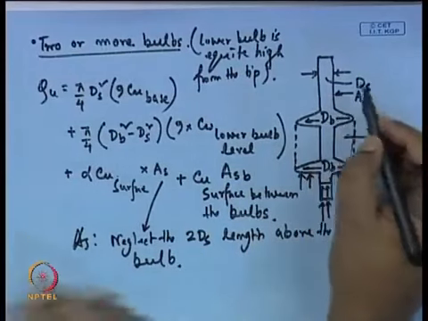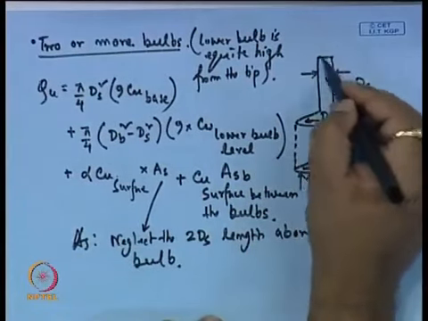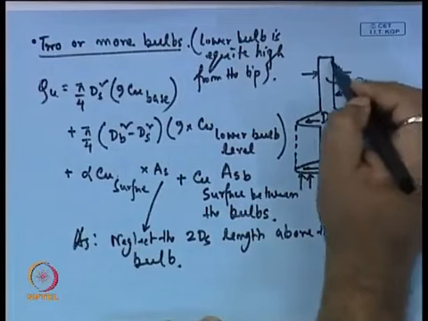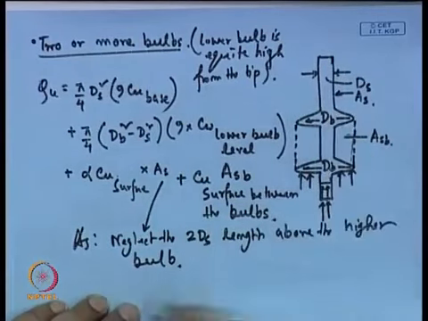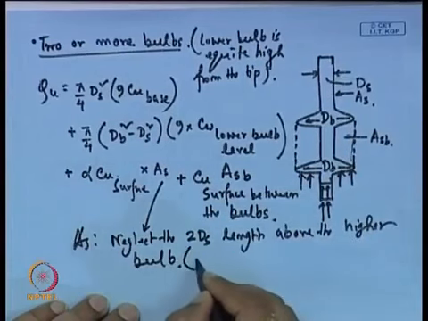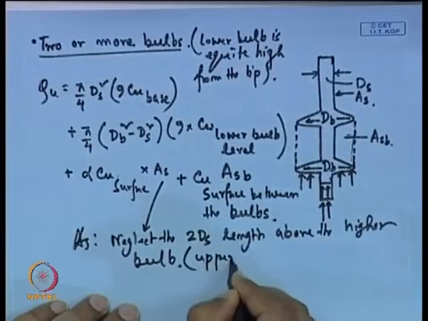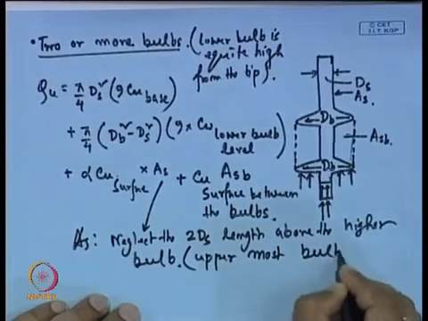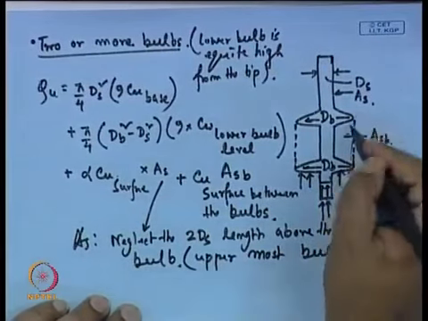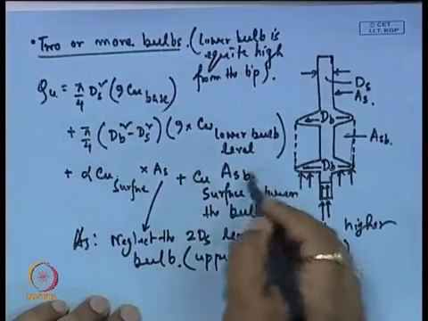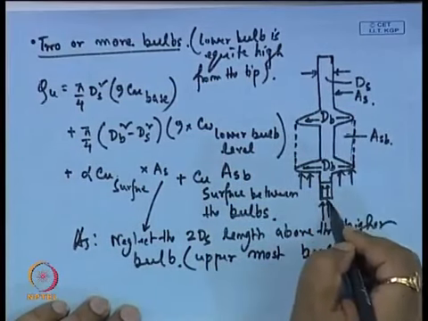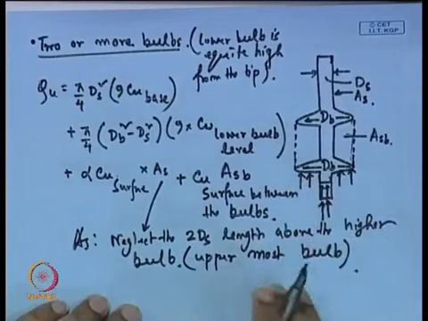So, for the higher bulb, this A_s is basically the resistance we are getting from the shaft above the uppermost bulb, or the higher bulb, and this resistance A_sb we are getting between the two bulbs, and then we get the tip resistance and the resistance from this enlarged base.